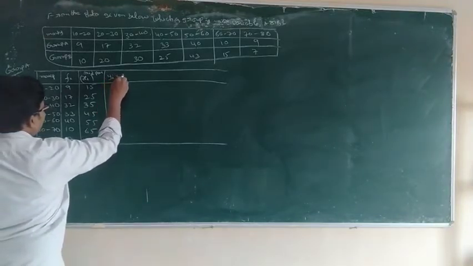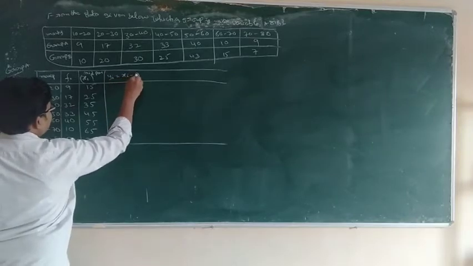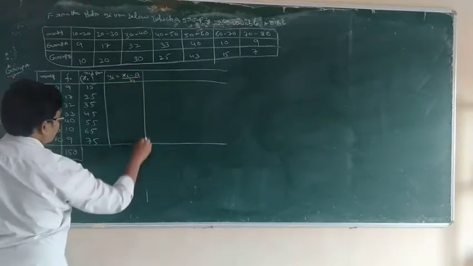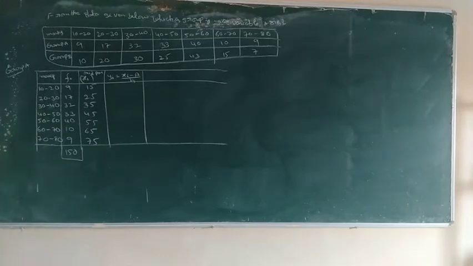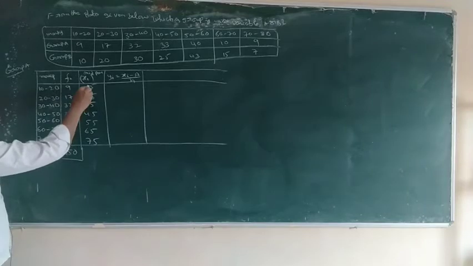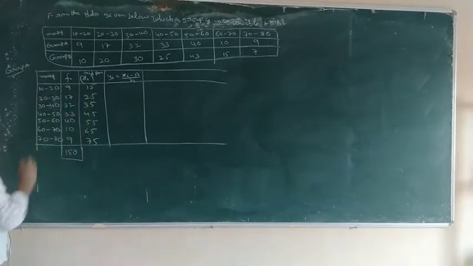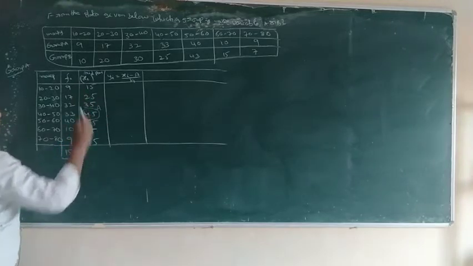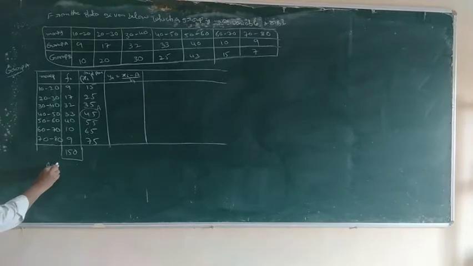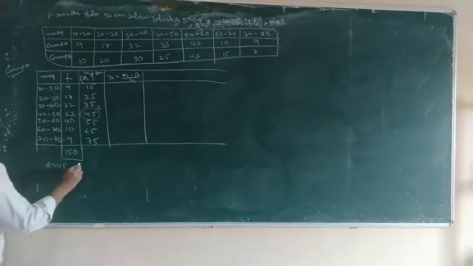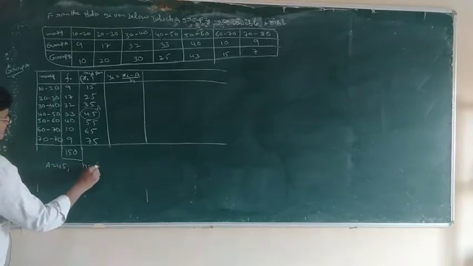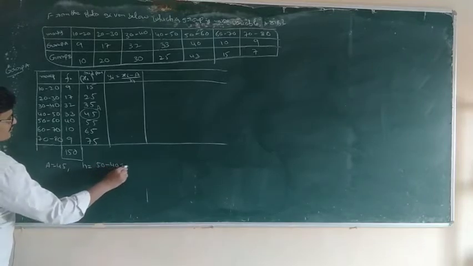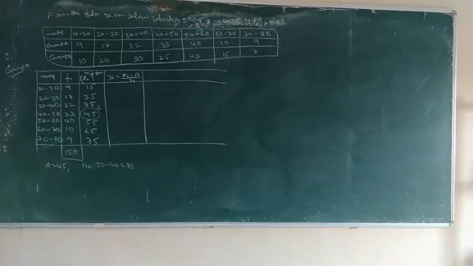Next, yi. Yi is equal to the formula xi minus a by h, where xi is the midpoints. You take a by trial and error method. There are 7 observations, and the middle one is 45. So a is equal to 45 and h is 50 minus 40, the class interval difference, 10.